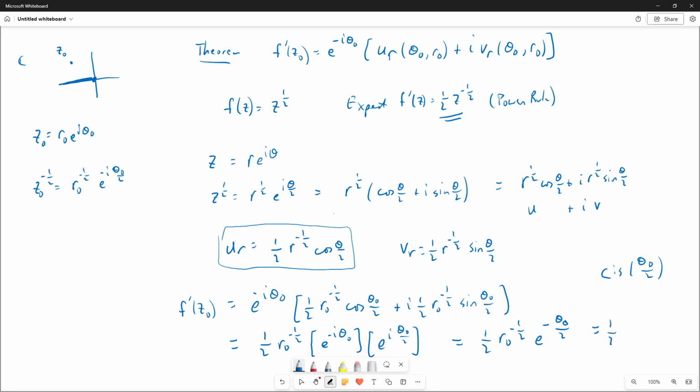So this is 1/2 z0 to the minus 1/2, exactly as we would have expected from the power rule. So this is a very long and convoluted way, using the polar form of the Cauchy-Riemann equations, to get the derivative of the square root function and to see that it just agrees with the standard power rule.